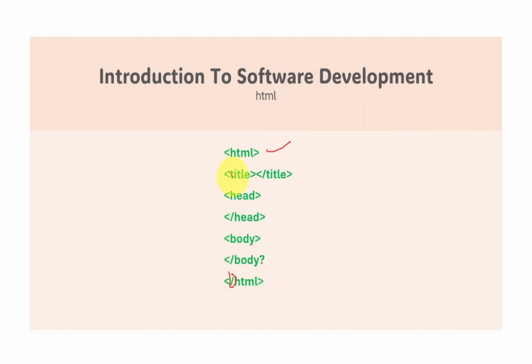Open tag, closing tag. You're going to hear this a lot. So this one, the head. This one, open body, closing body. So we have a title, open title, closing title, okay?